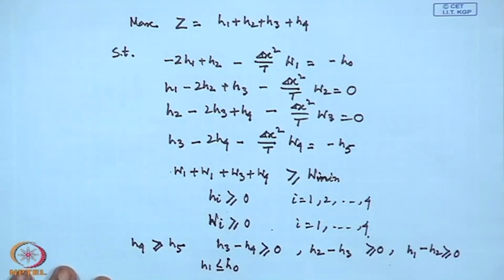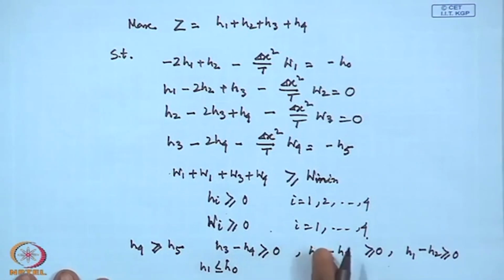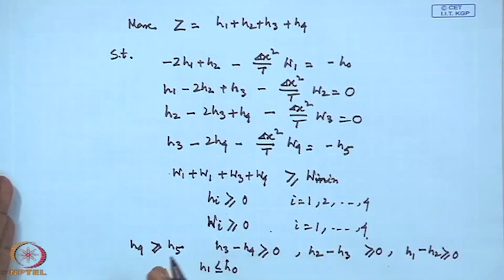That means your head on the upstream direction, or you can say where we have a higher head value, that cannot be a lower one compared to your down gradient value.